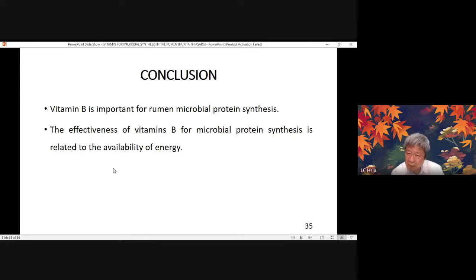The best way is to read more literature and make the whole picture. At the moment you really need the whole picture. If you do not have it, we will be very confused about which vitamin will be the most important in protein synthesis.